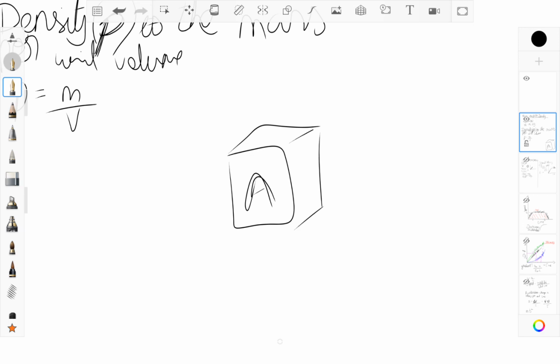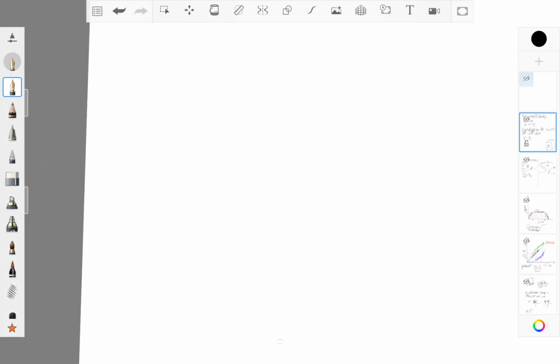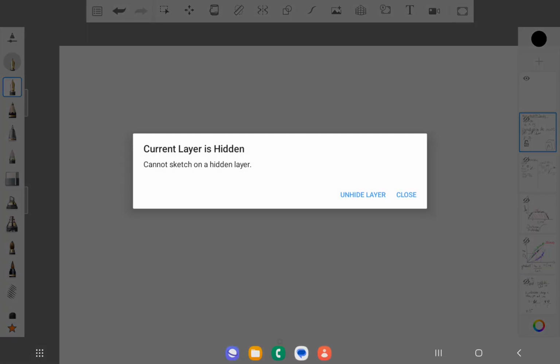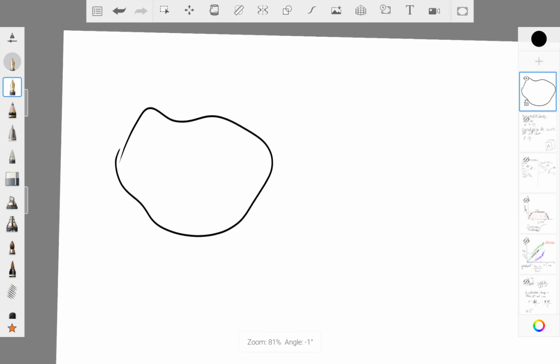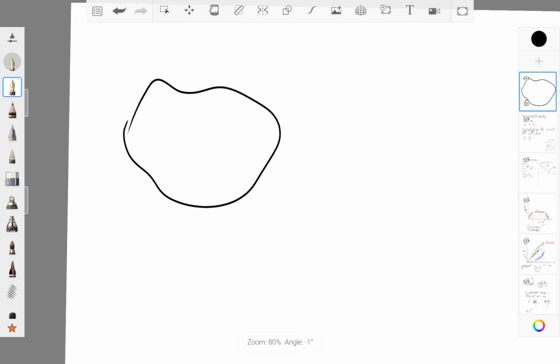It gets tricky when you start talking about irregular objects. So an irregular object would be something like a stone. Let's say, like this, a stone. How do you measure the density of this? So number one, you measure the mass again using a beam balance. That's easy.